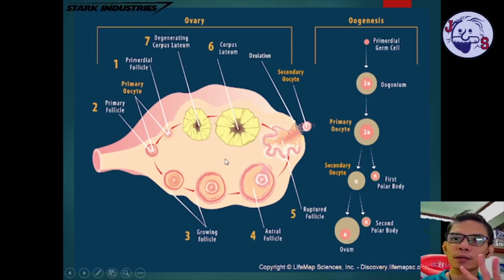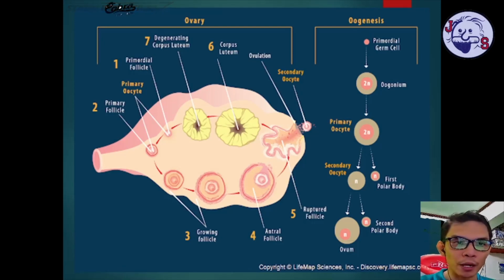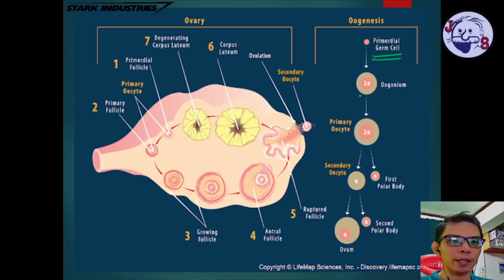Now let's take a look at how the process looks. We call the process oogenesis. This is the opposite of spermatogenesis, but this is in the female's reproductive system. It starts first with the primordial germ cell, and the primordial germ cell will become the oogonium.